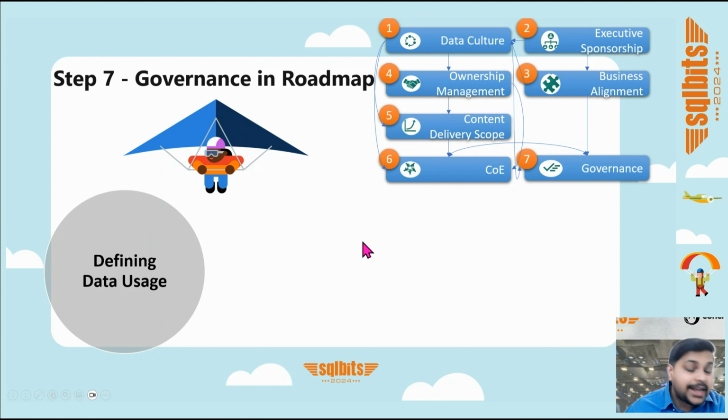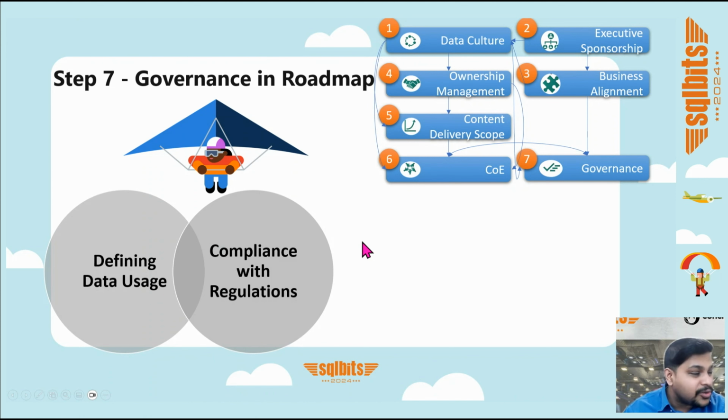You talk about that when you are implementing COE. Then compliance with the regulation. Let's say you have sensitive information in your data source, and you need to define those regulations, how you are going to give that output to all the users. If there is sensitive information, how can you mask that, right? You have to define that before people start using that data. So compliance and regulation is very important.